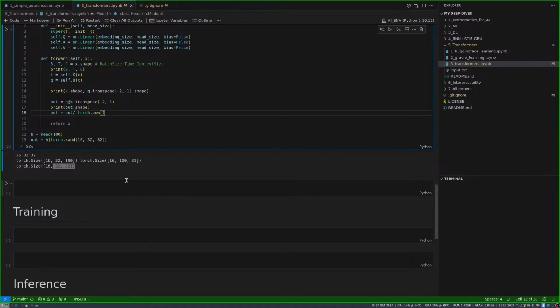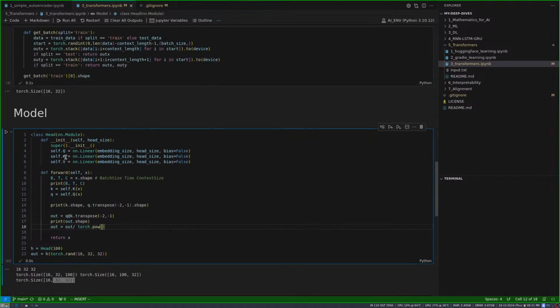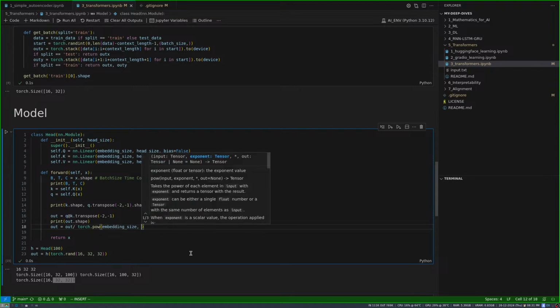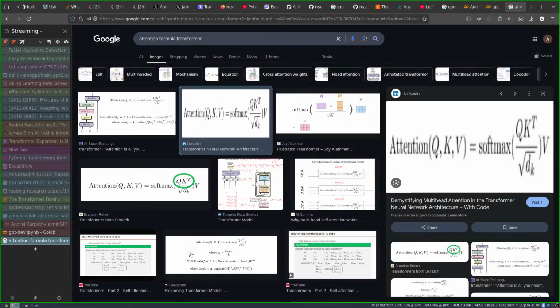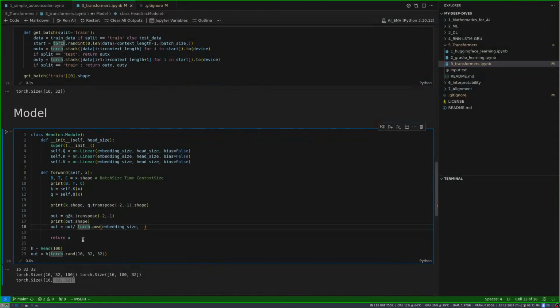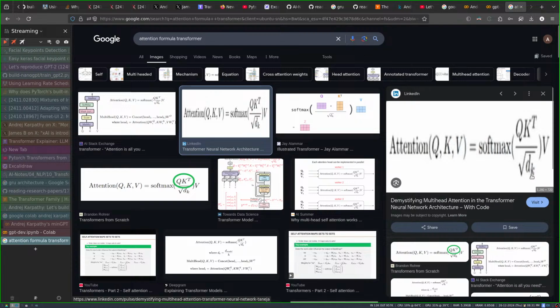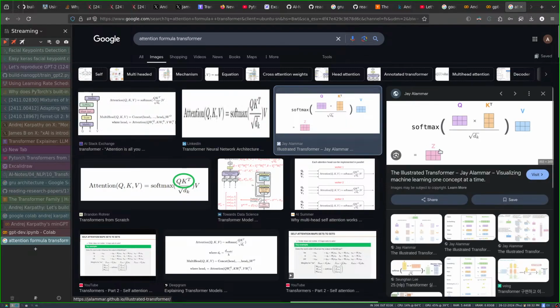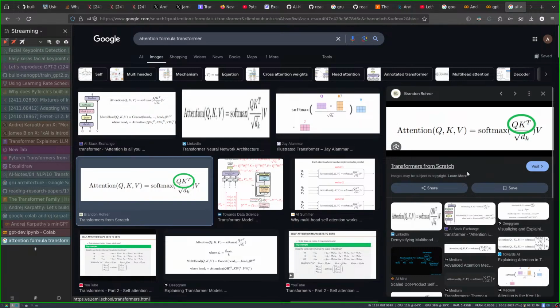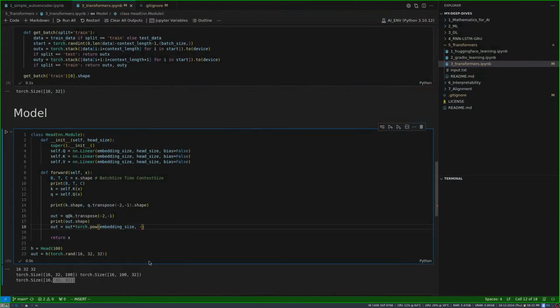What is the embedding dimension of k? Embedding size, right? And I want to raise it to minus, and then I also have to take the square root, right? Is it? Minus 2.